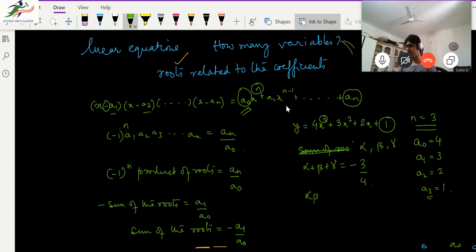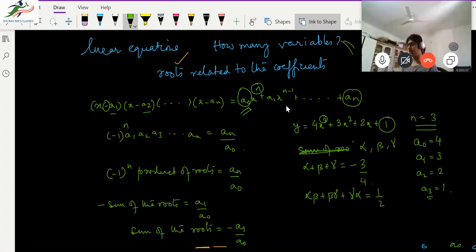What would be alpha beta plus beta gamma plus gamma alpha here? That means the sum of the products of the roots taken two at a time. It will be minus 2 upon 4. It'll be half. No, it won't be minus, it would be plus half.